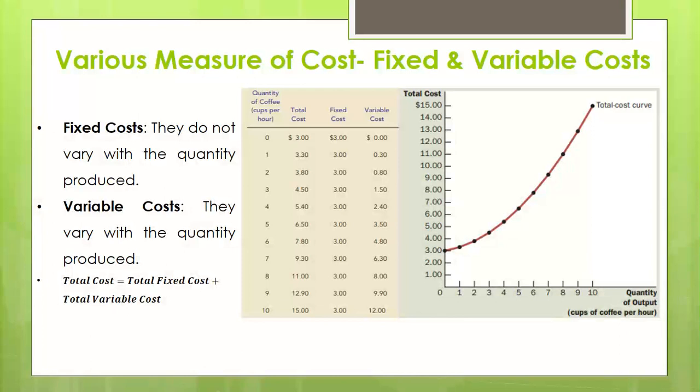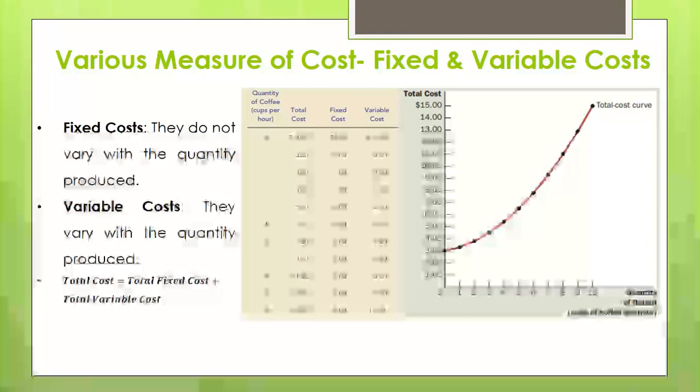That means if the quantity produced by any firm is increasing, then correspondingly the total cost of the firm will also increase, as you can see from this curve. I hope that this concept is cleared now.